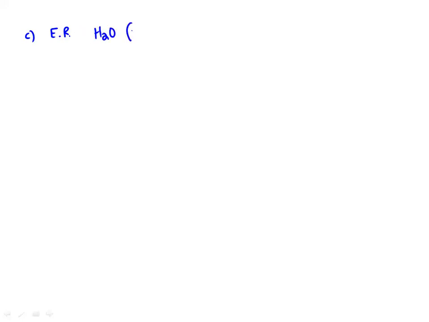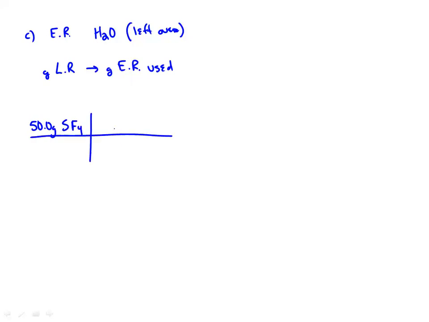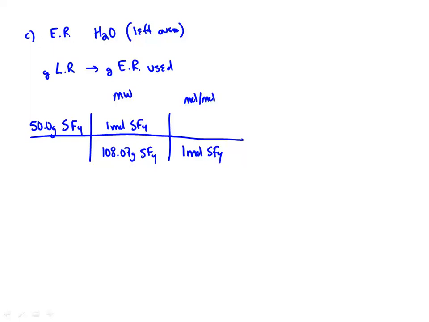And so we want to find out how much is left over. Here's where we take our limiting reactant and convert it to grams of excess reactant. We start with 50.0 grams of SF4. The very first step is a molecular weight to convert it to moles: 108.07 grams of SF4 is 1 mole SF4. Then we use a mole-to-mole ratio again: 1 mole of SF4 is 2 moles of H2O.